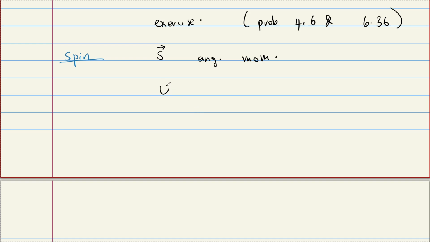Therefore, we require this theta to the minus 1 S theta to be minus S, because S is like L and they should behave exactly the same. So this is needed. And let's think about spin 1/2. We have S written in terms of h bar over 2 sigma. Right, these are Pauli matrices.